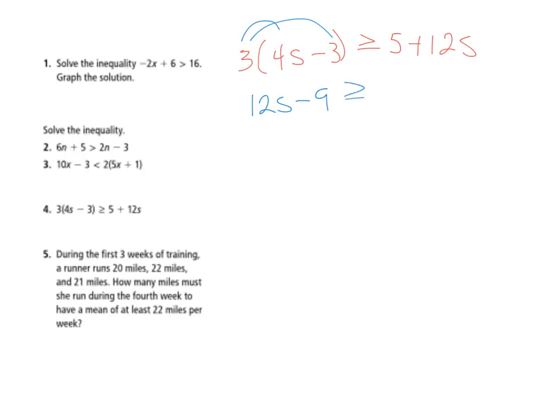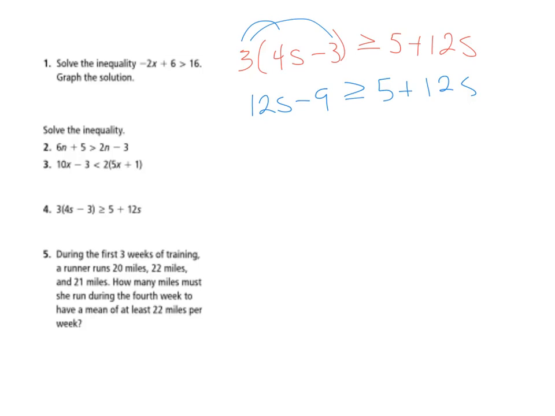So for number 4, I'm going to write it out. I've got 3 parentheses 4s minus 3 greater than or equal to 5 plus 12s. So we're going to start by distributing. 3 times 4s is 12s. 3 times negative 3 is negative 9 or minus 9.